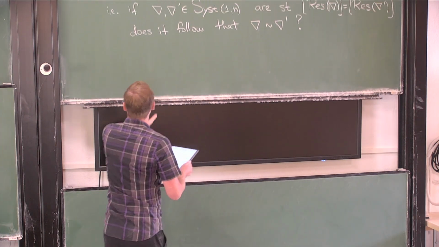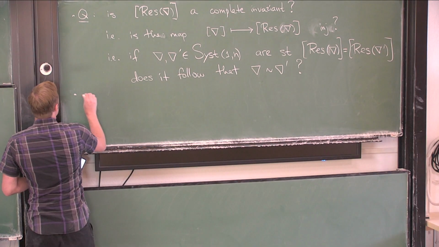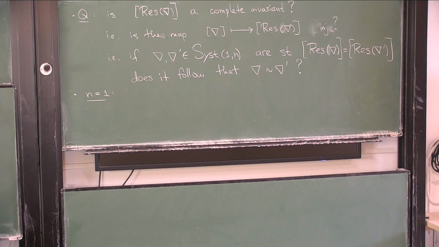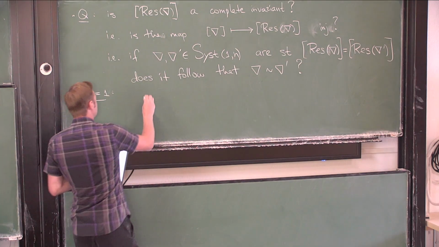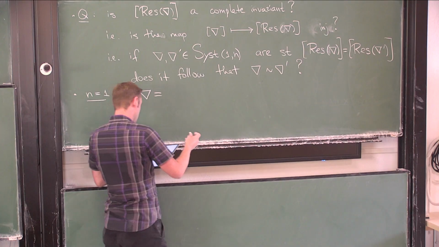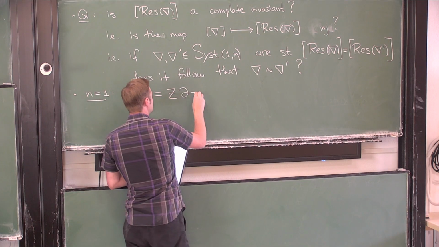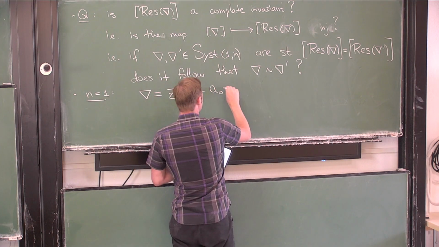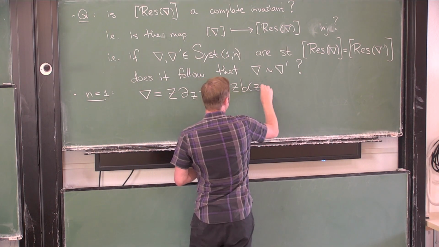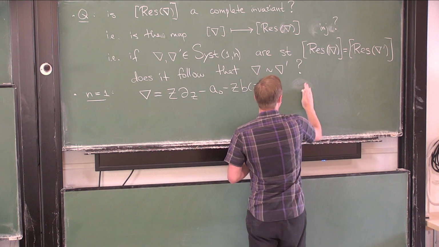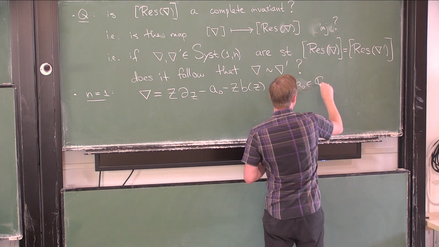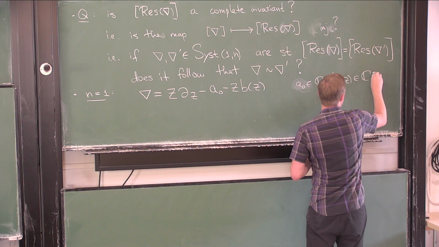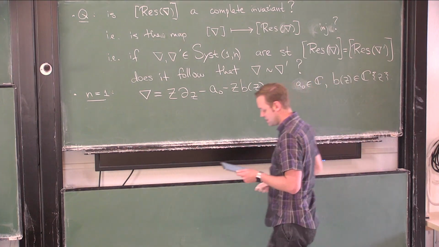So let's examine this. Let's consider the case n equals 1. In this case, my system is not really a system, it's just a scalar equation that looks like this: A naught minus z b z, where a naught is a number and b of z is a convergent power series.